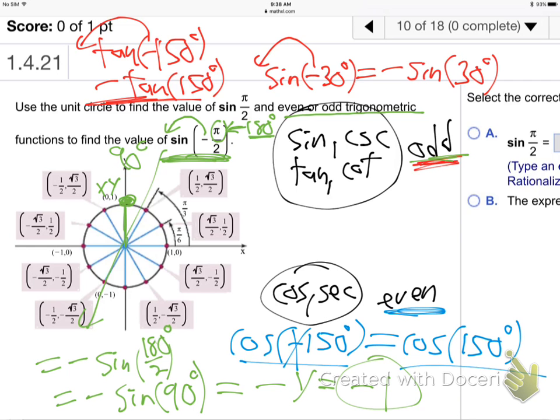Everybody good with that? Now, do you notice how it would have been the same answer if we had left the negative inside? If I had done the sine of negative 90 instead of pulling it to the front, where's negative 90? You start here, this is 0, straight over here. How do you do negative? You go down instead of up.